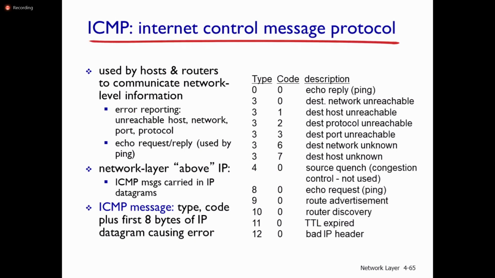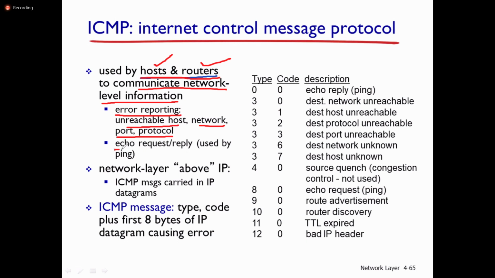It is used by host devices as well as routers to communicate network level information, for example error reporting: unreachable host, network, port, protocol. These can be communicated by hosts as well as routers present in the network.